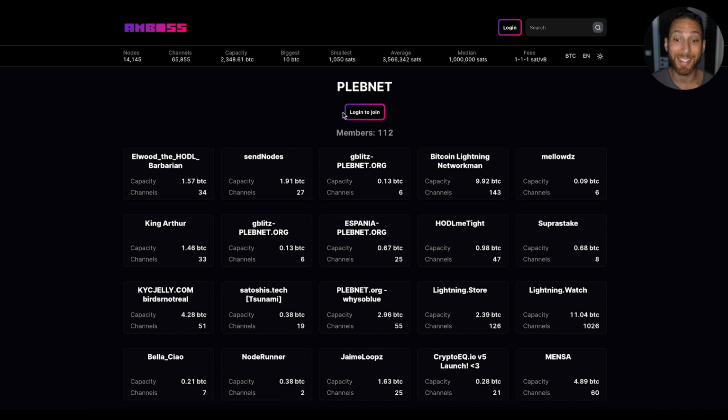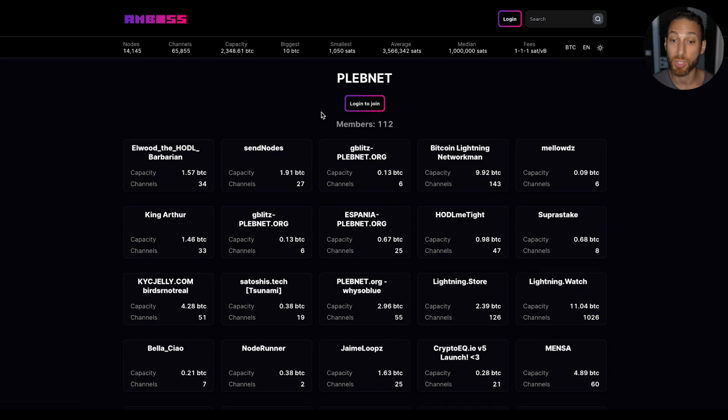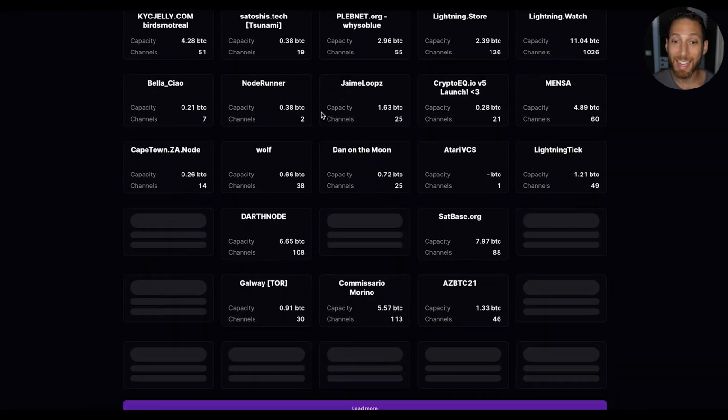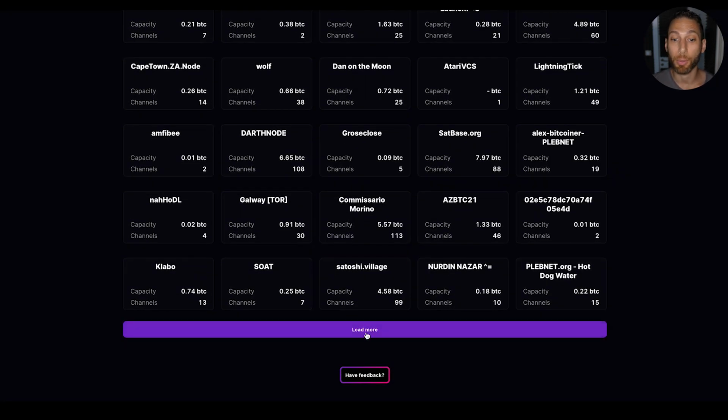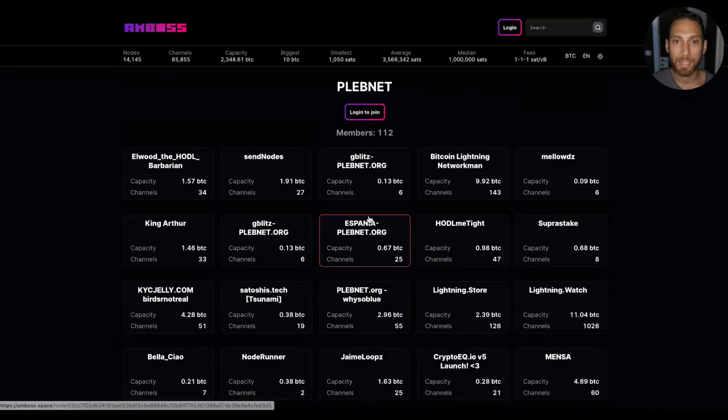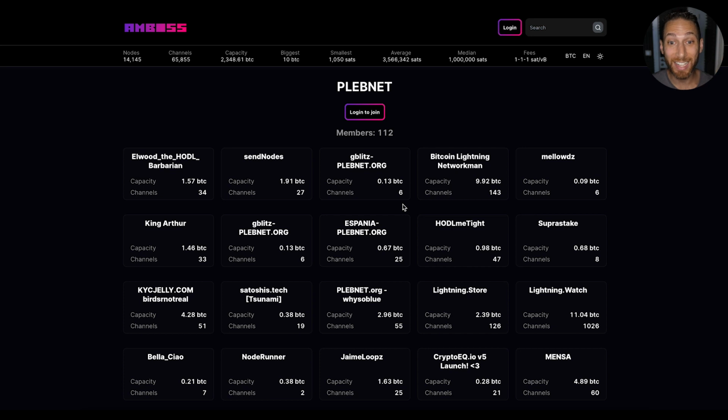You can see here that Sideways Ram is a member of Plebnet, one of the Telegram groups that I shared in my previous video, which is very, very popular. You can then see and browse who are some of the other people that are involved in that Telegram group. Now, there are communities for all different kinds of communities that exist outside of Amboss space, and you can join them simply by requesting to join.